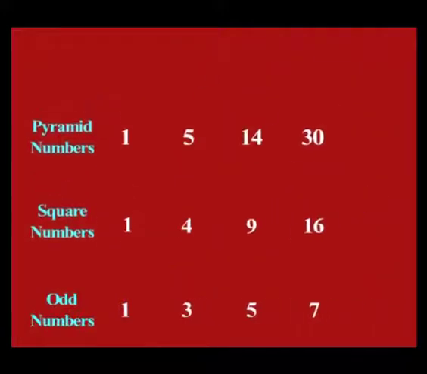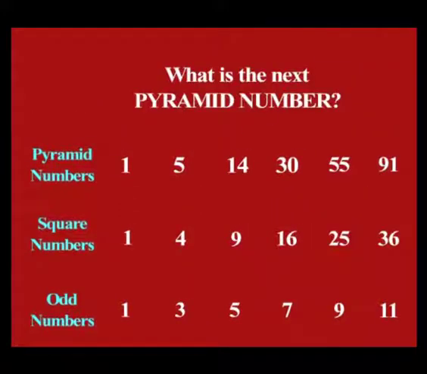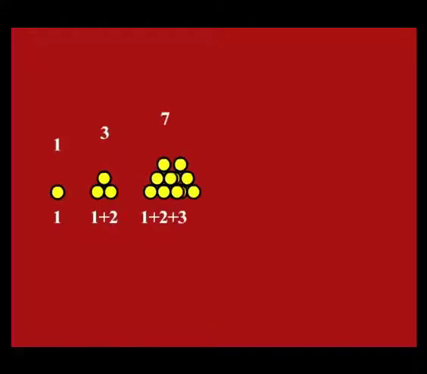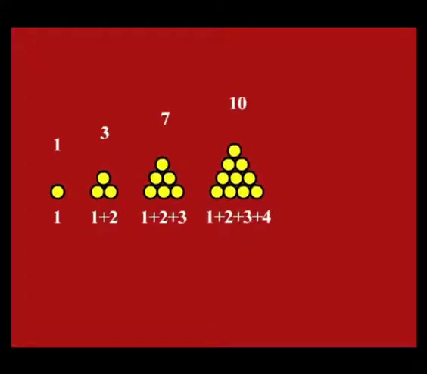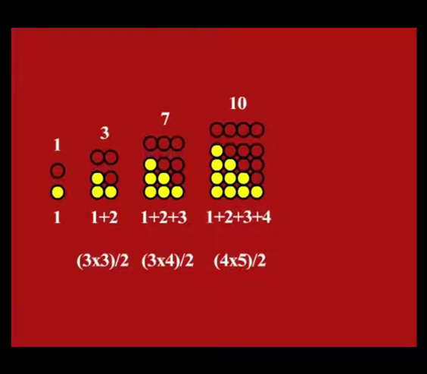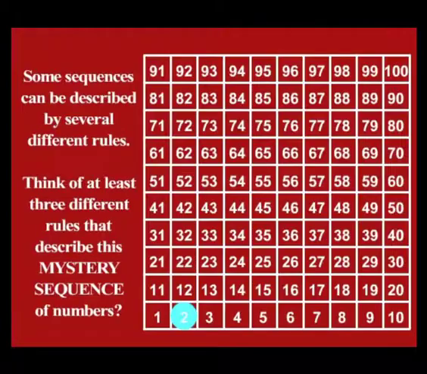You can use these patterns to figure out what is the next pyramid number. Here are some more familiar and closely related number patterns. Next, some examples are given in which several different rules may exist for describing a series of numbers.